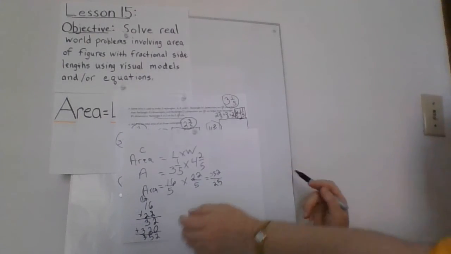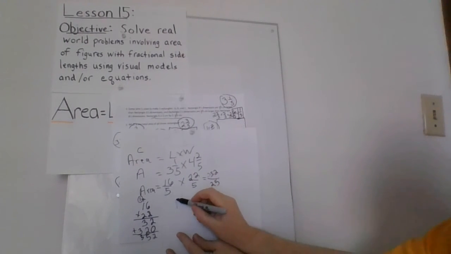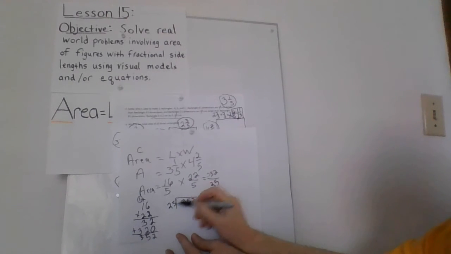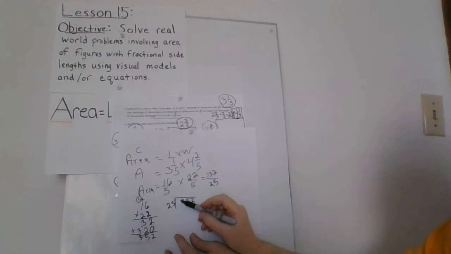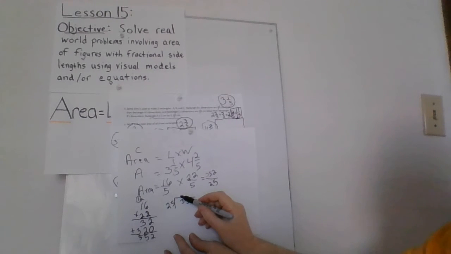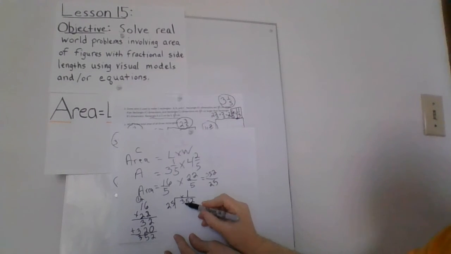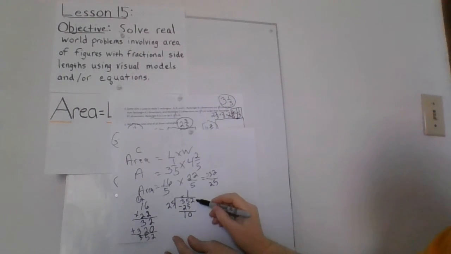I have an improper fraction, so I have to divide 352 by 25. So I start at the beginning. Does 25 fit into 3? No. Does 25 fit into 35? Yes. 25 can fit into 35 one time. 1 times 25 is 25. 5 minus 5 is 0. 3 minus 2 is 1.